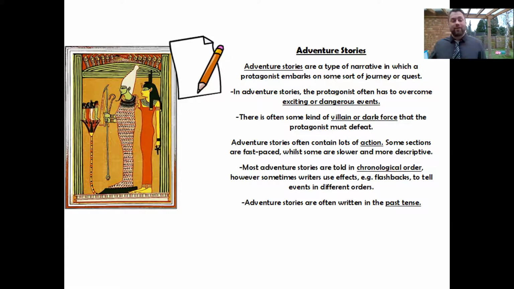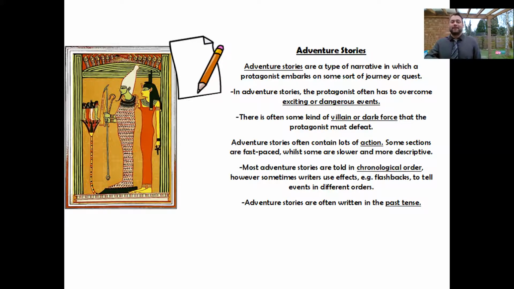Protagonist means our main character. They're going on a journey, okay? Maybe they're going to find treasure, or maybe they're going to hunt pirates, or maybe they're looking for a lost relic of some sort. Now, the main character has to overcome many challenges and many difficulties. There is often some kind of villain as well that the person must defeat.